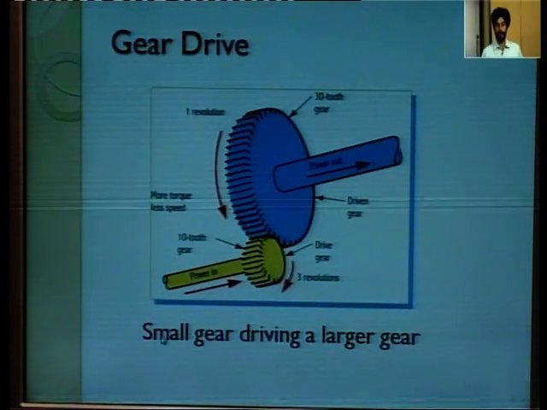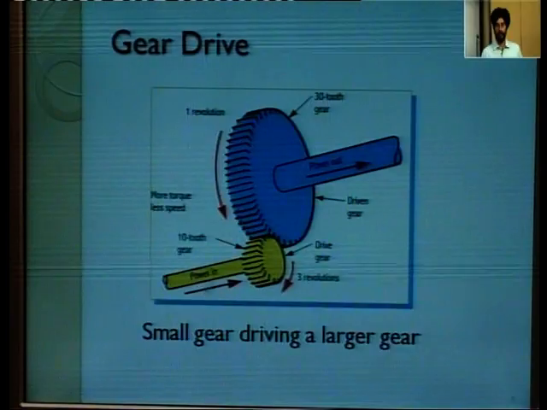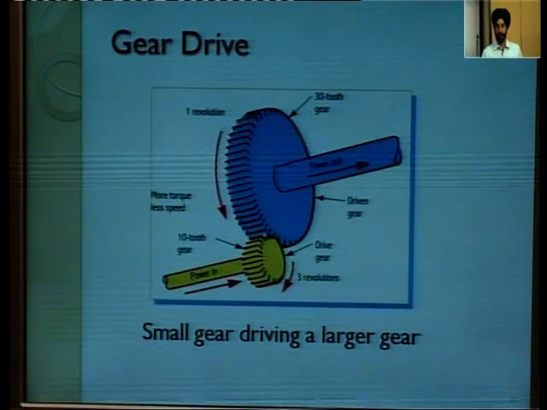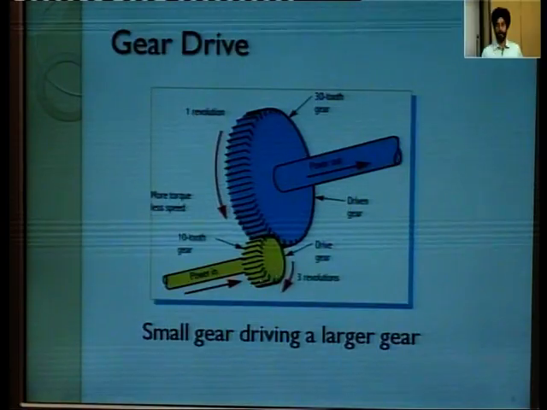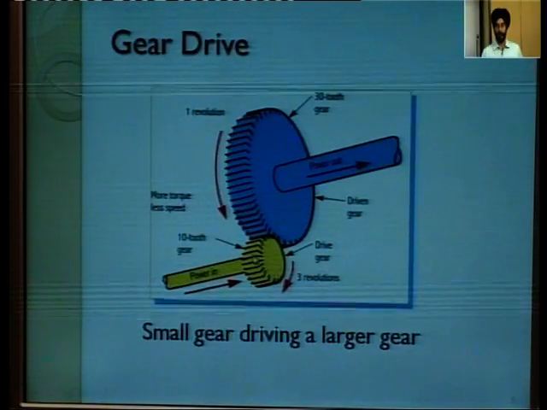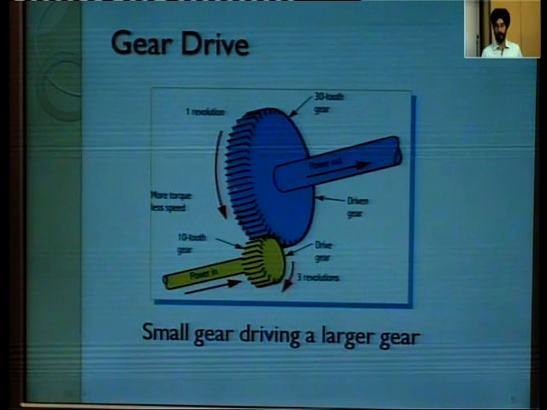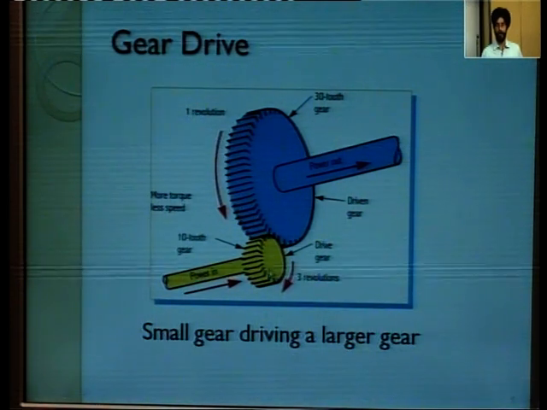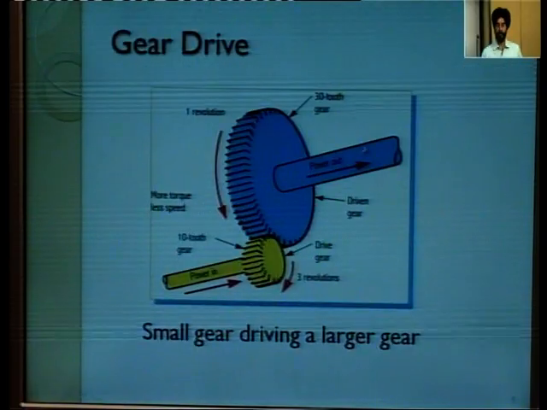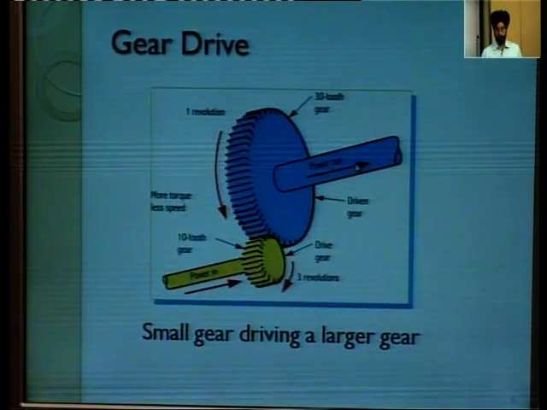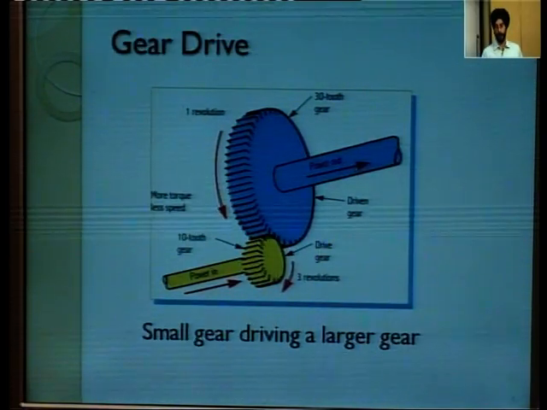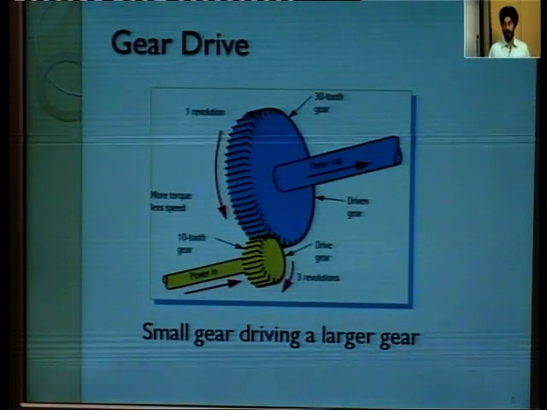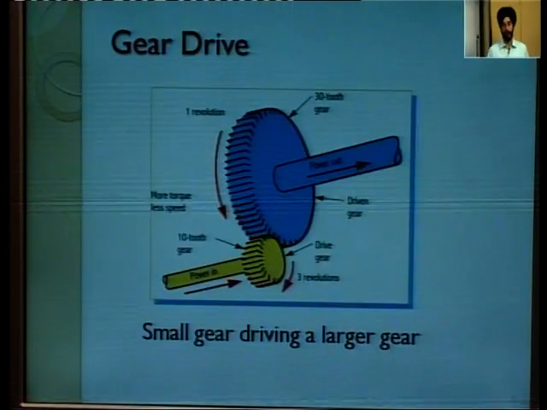So what will happen? Power will come in this shaft, and it will drive at the same RPM as that of the shaft, but the speed of the output shaft will be reduced to 1/3, and torque will be 3 times. So when the smaller gear is meshed with the larger gear, we get higher torque but lesser RPM.